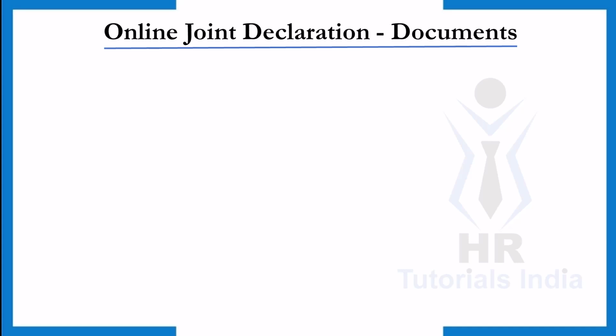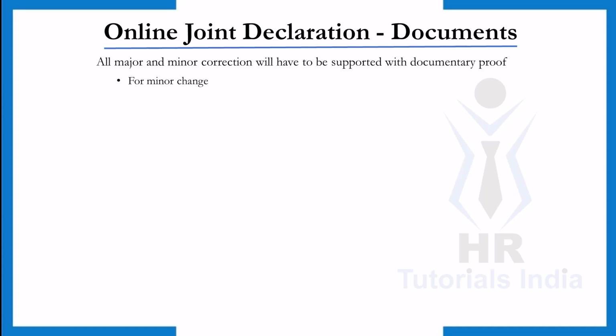Online joint declaration documents. Now let us see what documents are required as a support or a proof to make the corrections in the joint declaration. All major and minor corrections will be supported with documentary proof. For minor changes, any 2 documents as mentioned in the list of documents below, which means for making any minor changes, only 2 documents are required as proof for joint declaration corrections.